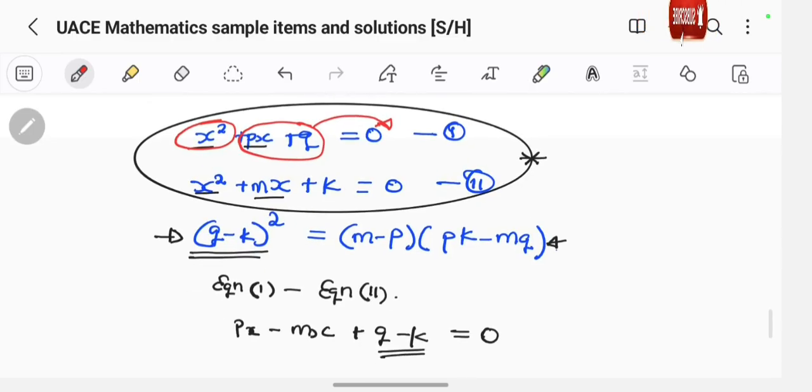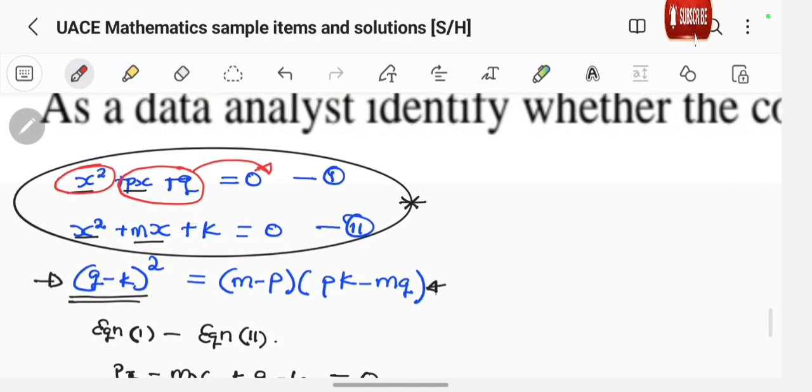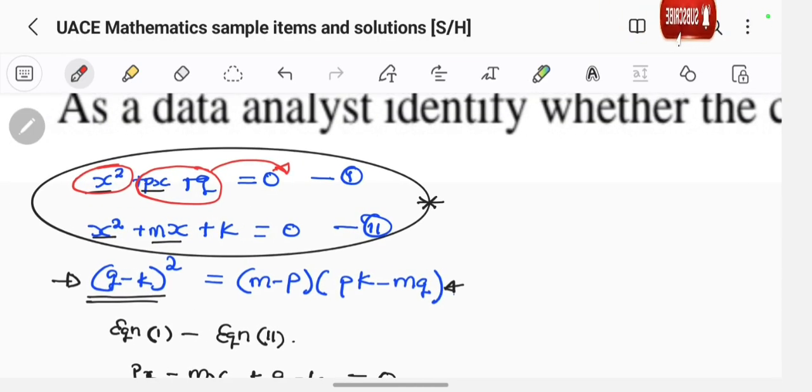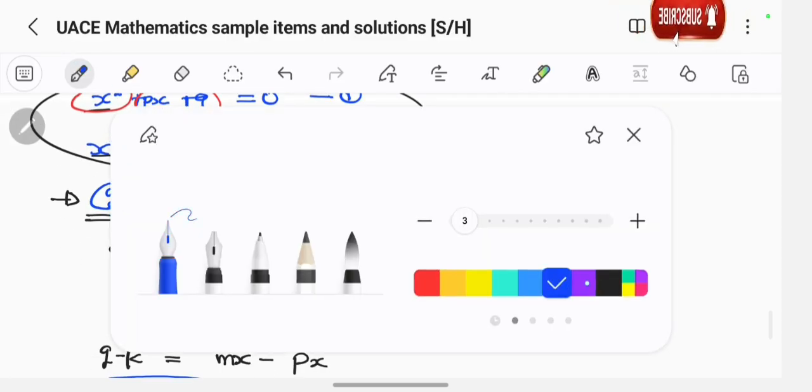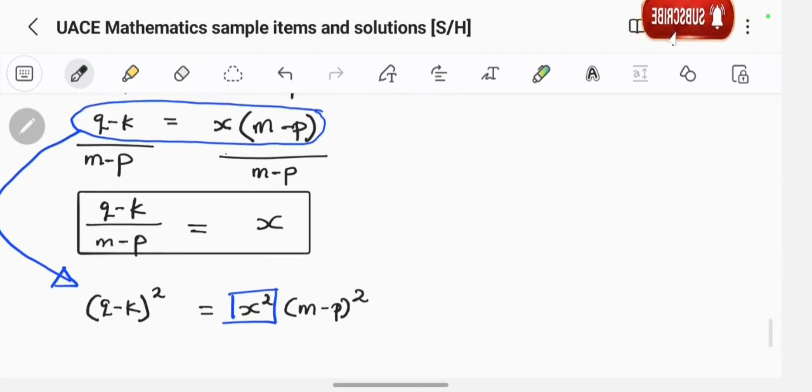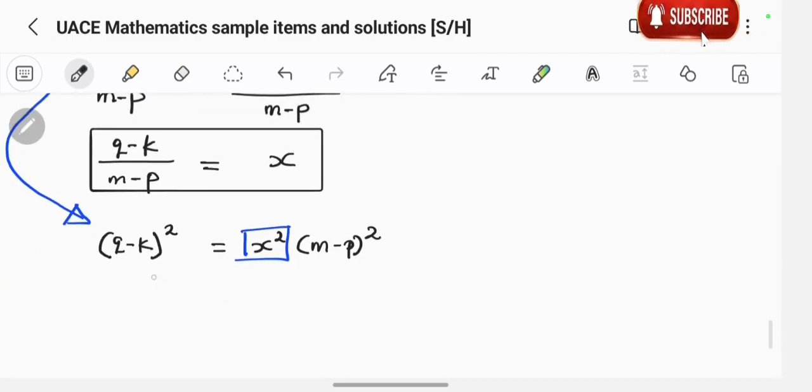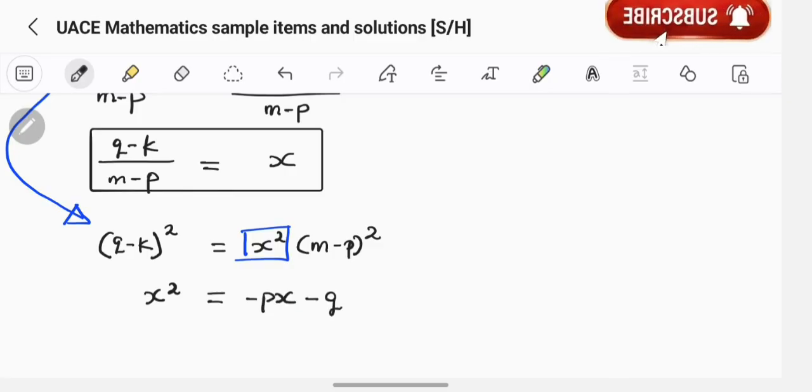When I move those two that way, it's going to end up giving us x squared equal to negative px minus q.